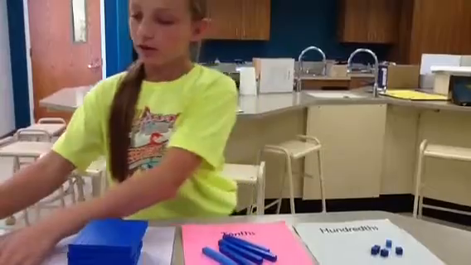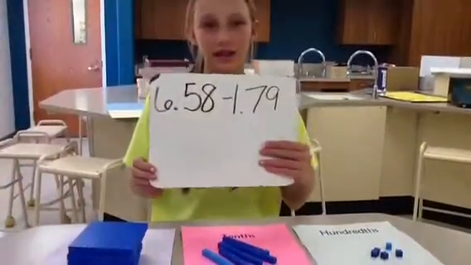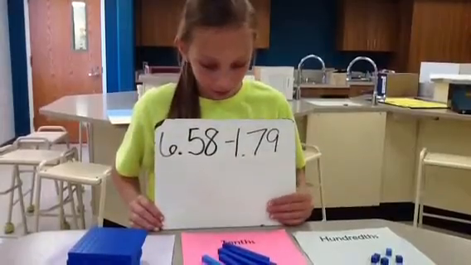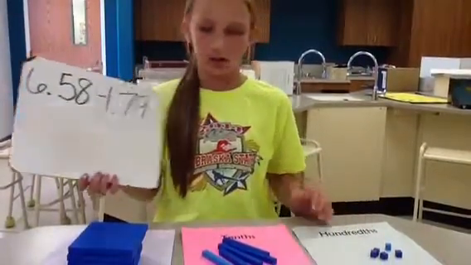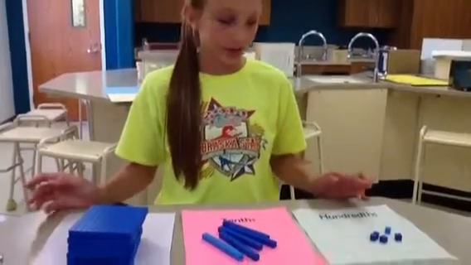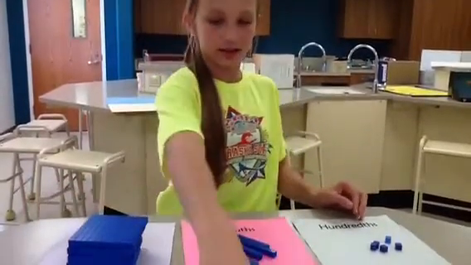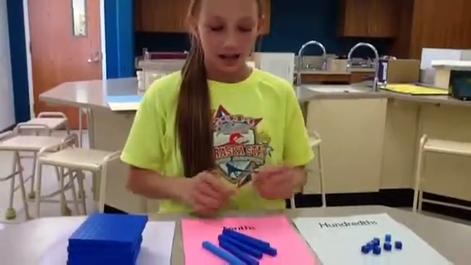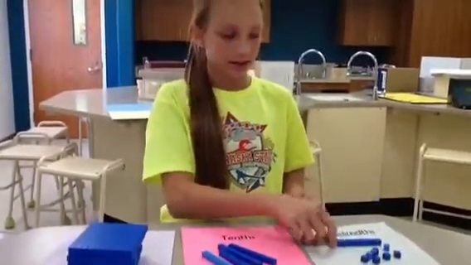So now we're going to subtract 1 and 79 hundredths from this number, and we would start on this side because you always go left to right. And you quite obviously can't take, that's 8. You can't take 9 from 8, and so we're going to take one of these and stick it in here.